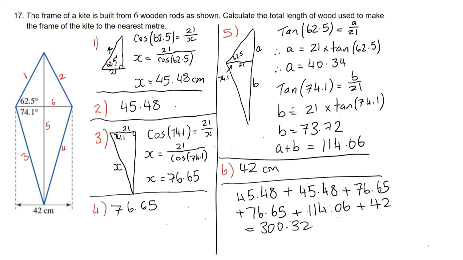So if we do it in blue, let's round it earlier. So we've got 45 plus 45 plus, that would be 77, rounding up, plus 77 plus 114 plus 42.